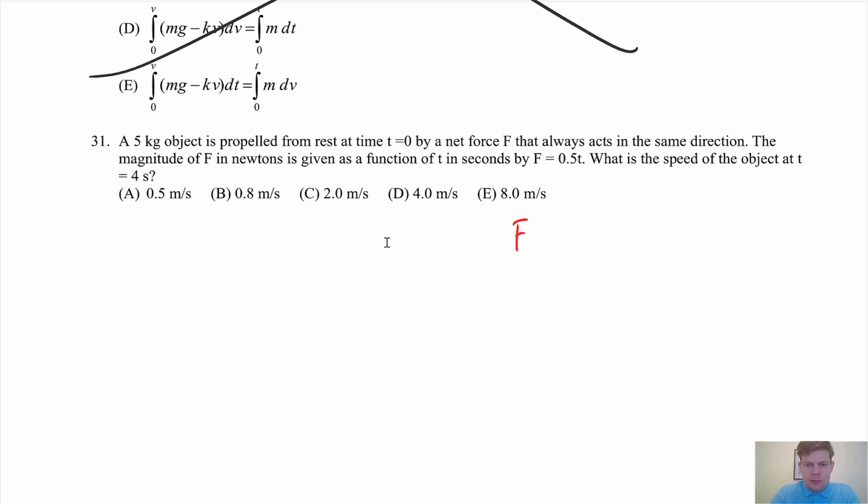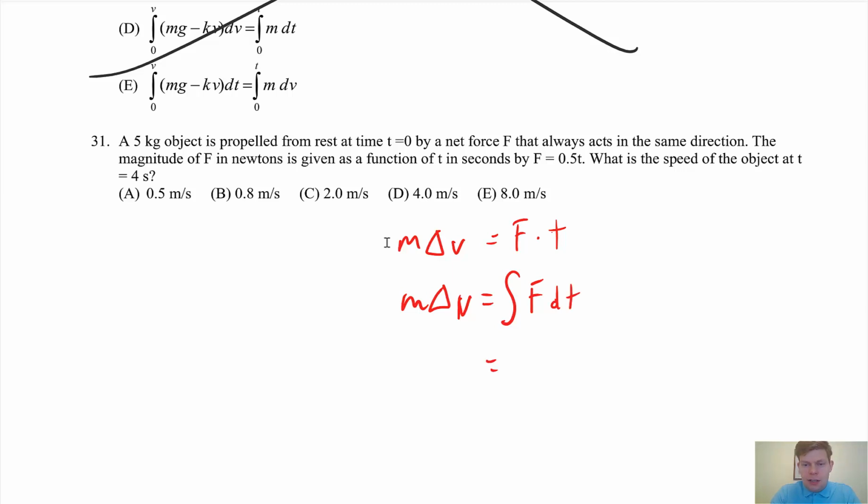So like F times t is equal to m delta v. But m delta v, or change in p, which is the same thing, is also equal to the integral of force with respect to time. So that's what we're going to do.